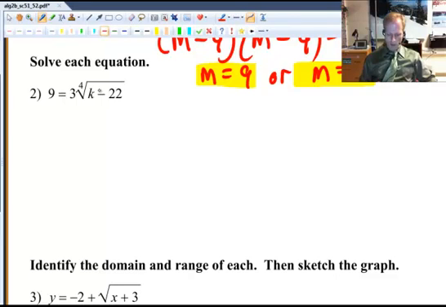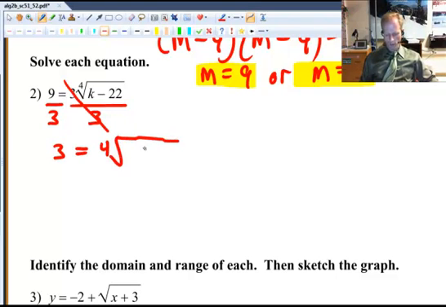Now, in the next problem, I have the fourth root. So I know I'm going to raise things to the fourth power, but before I do that, I need to isolate that radical on one side of the equation. So I'm going to do that by dividing by 3. So now I have 3 equals the fourth root of k minus 22.